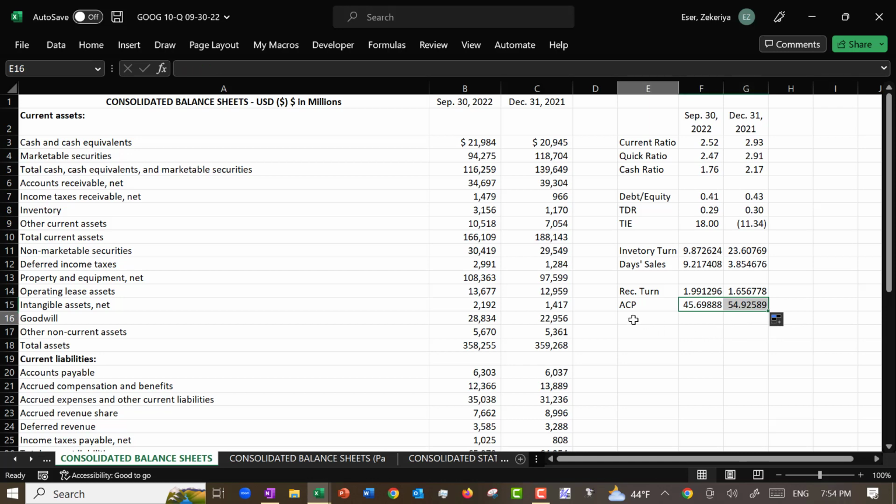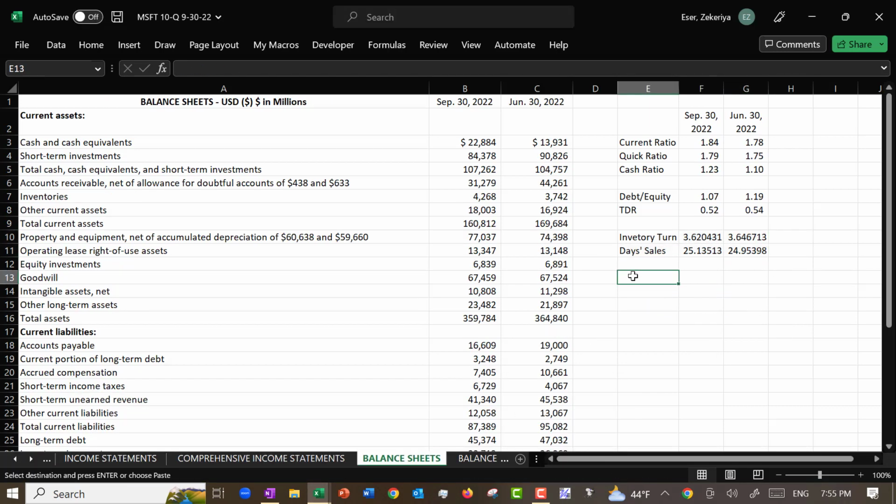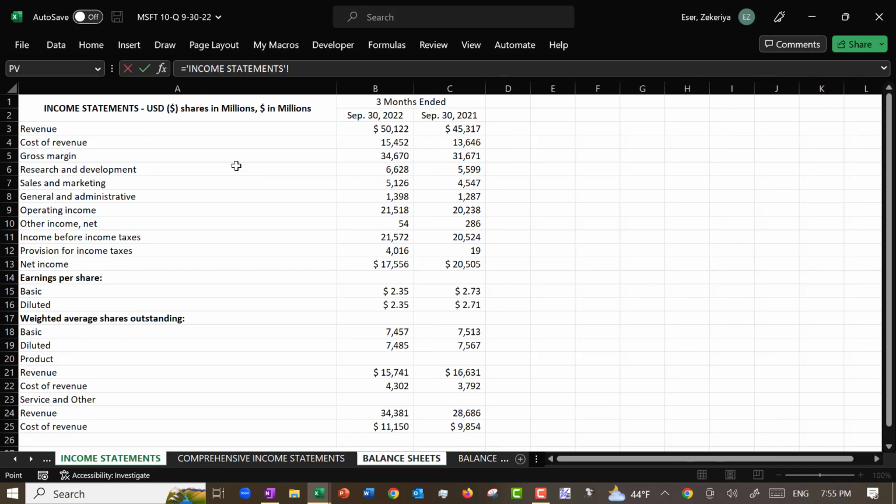Let's see the similar numbers for Microsoft. Revenue, $50 billion.